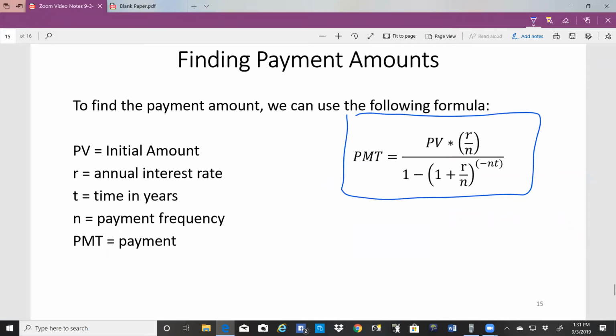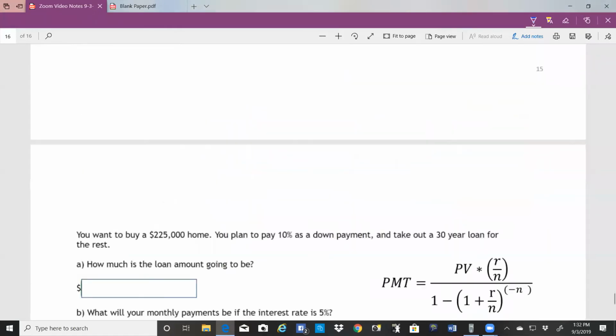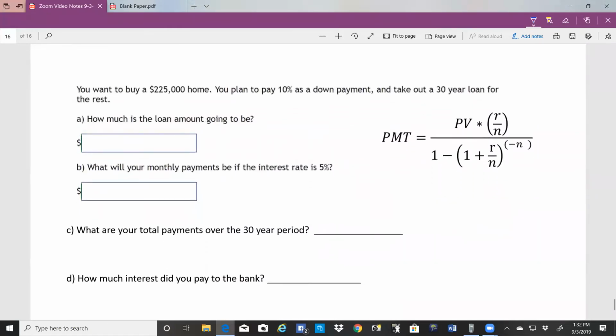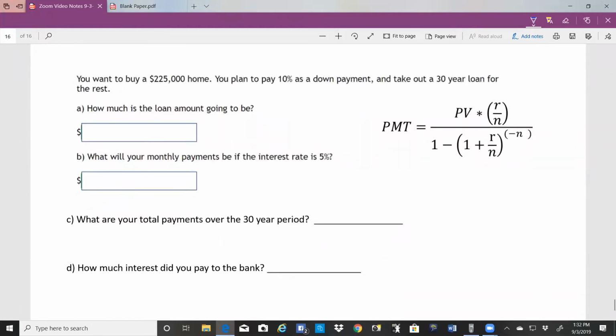But here again, PV is the initial amount that you're borrowing, R is the interest rate in decimal, T is time in years, N is the payment frequency, how many times per year you pay. Typically that's going to be 12, and PMT is the payment. Now, read the problem carefully to figure out what you need to put in the formula.